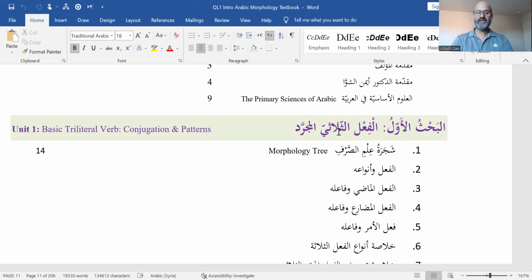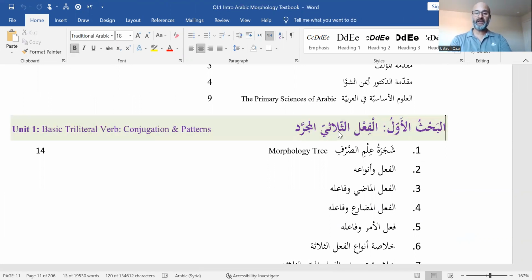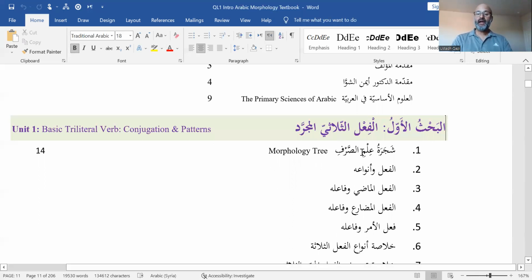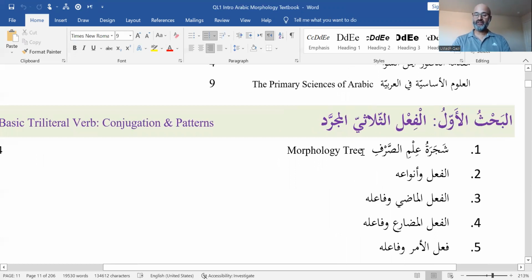The first unit is basic triliteral verb, al-fi'l al-thulathi al-mujarrad. We're going to look at its conjugation and patterns. And we will start our study by looking at the morphology tree, which will be the lesson today.